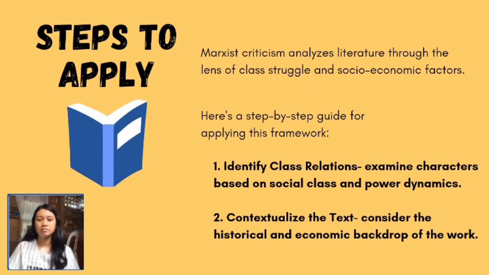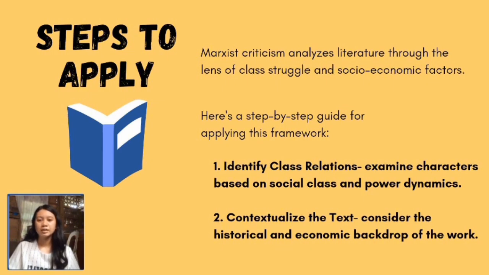Marxist criticism analyzes literature through the lens of class struggle and socio-economic factors. So, Marxist criticism is a method of analyzing text and cultural artifacts which focuses on the relationship between economic structures and social power dynamics.